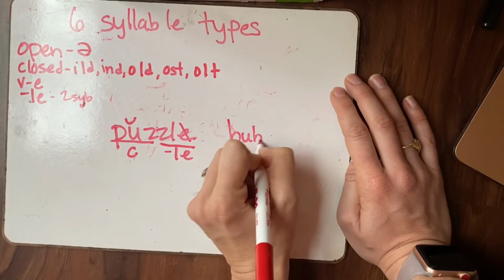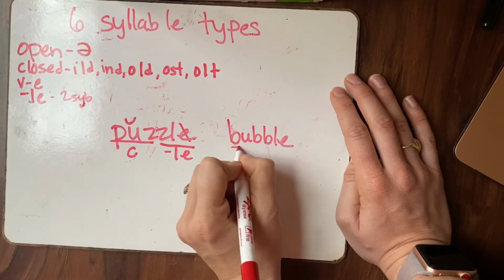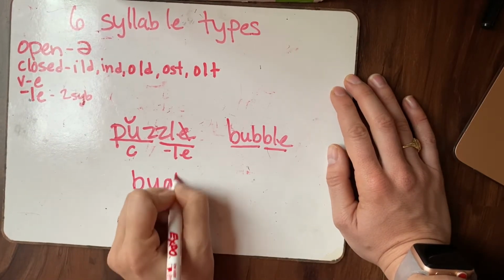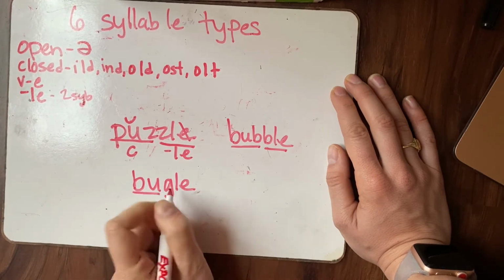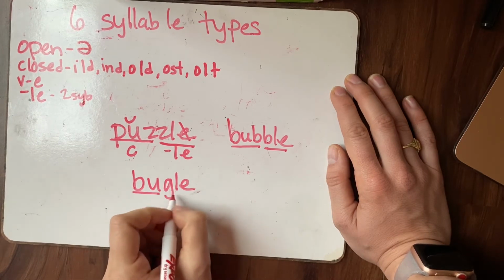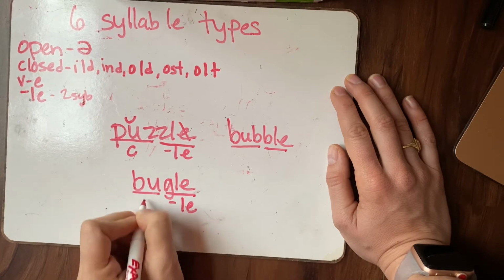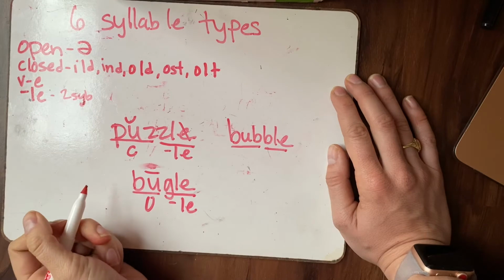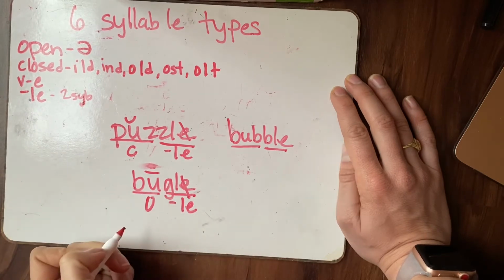I also see it in a word like bubble. We hear bub-bul. I could even have it with an open like bugle. So I'm looking at that vowel. I see that consonant LE. I know it's not going to work, so it's going to be the consonant LE, and then this is an open. It's going to be an open down here. That E is silent and it blends together.